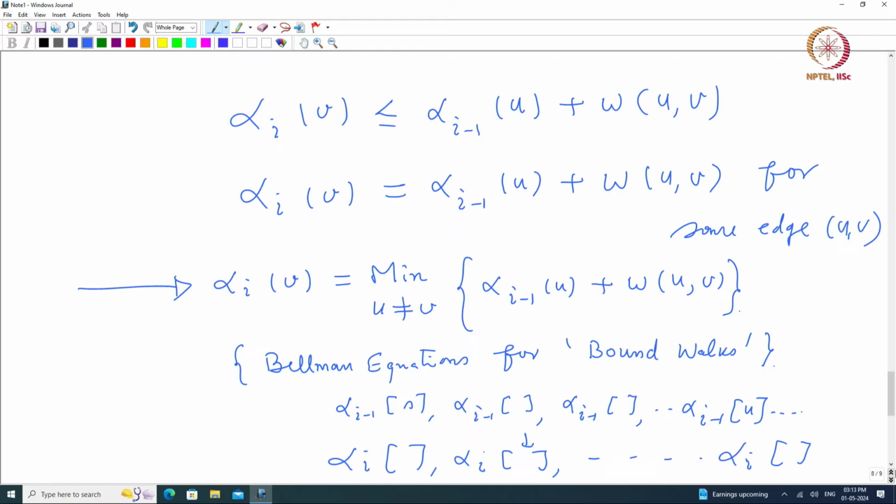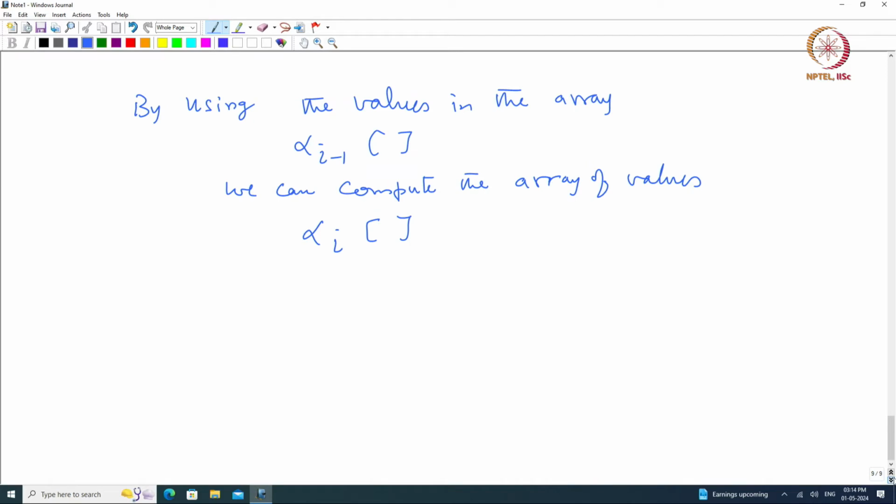So, based on this Bellman equation, this is what we are going to do. Every edge has a potential to improve the alpha value of some v, especially uv may improve the value of alpha i v.